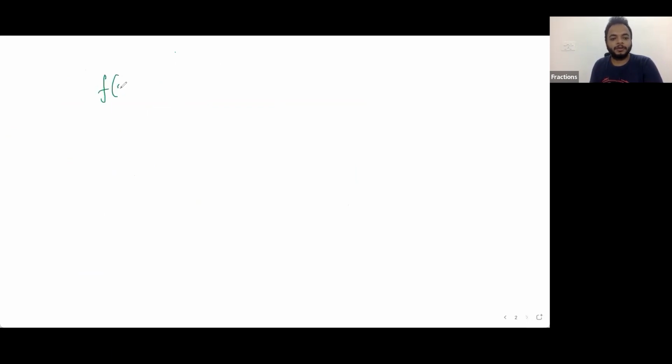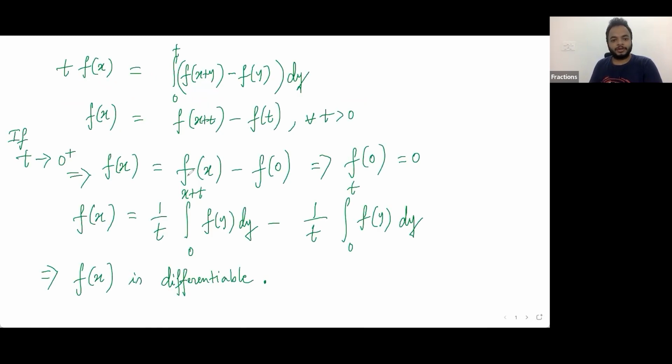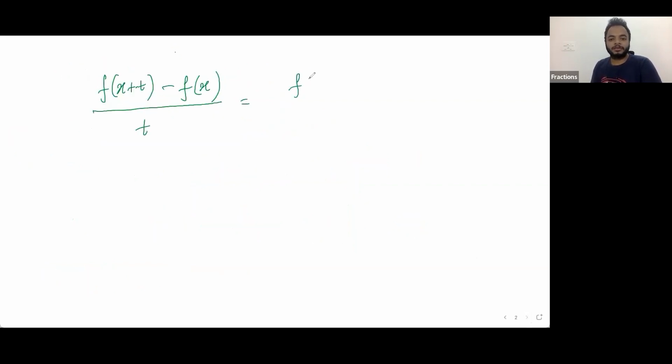So we have f of x plus t minus f of x divided by t. Now look at this thing. What does this become? So let's try to use this relation here. f of x plus t minus f of x is nothing but f of t. So this is f of t by t, which is also equal to f of t minus f of 0, because f of 0 is 0, divided by t.